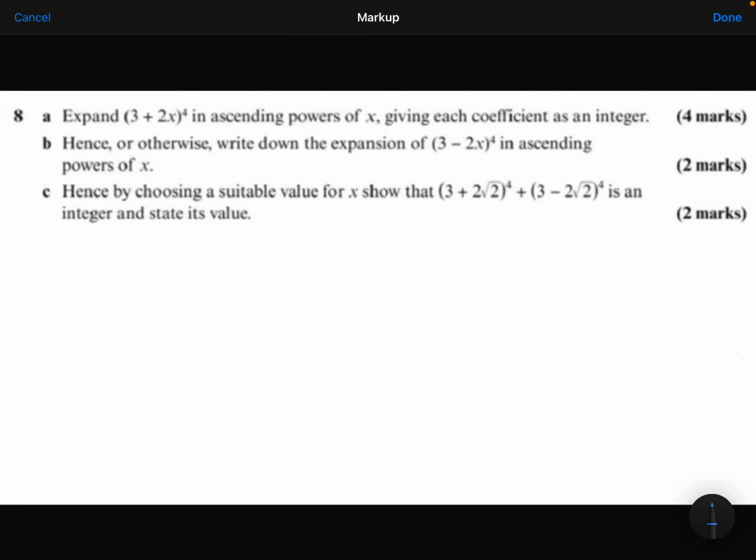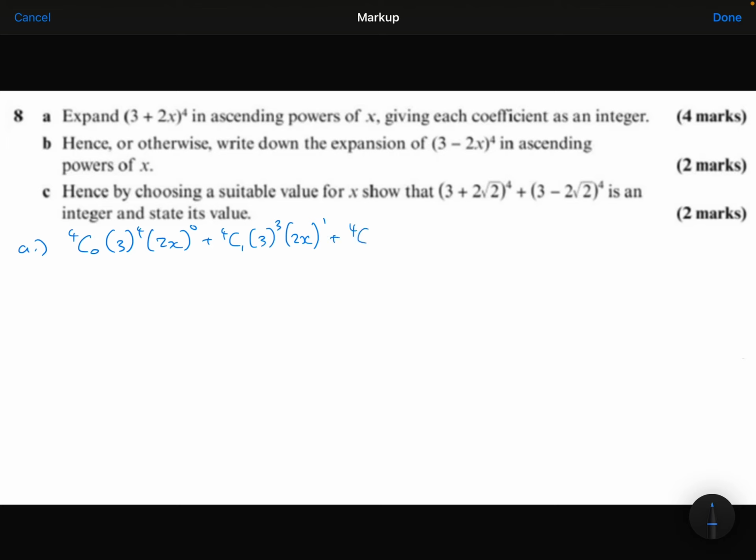Part A. Expand (3 + 2x)^4 in ascending powers of x, giving each coefficient as an integer. So we'll start off with 4C0, 3 to the power 4, (2x) to the power 0. Then 4C1, 3 to the power 3, (2x) to the power 1.